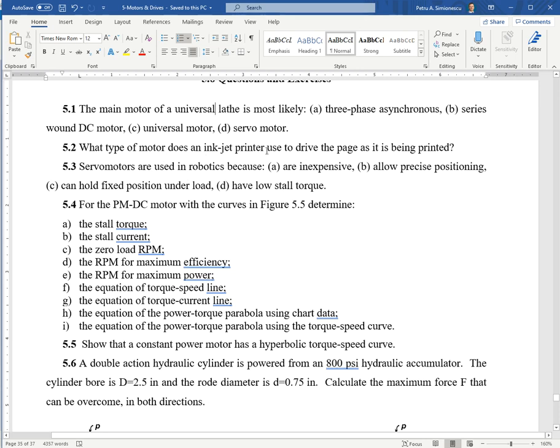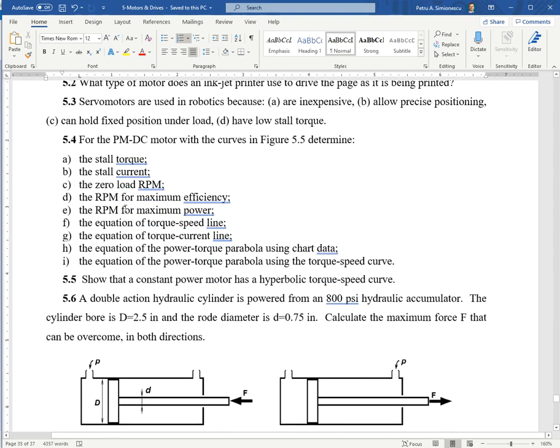What motor does an inkjet printer use to drive the pages being printed? Definitely stepper motors. Servo motors are used in robotics because, although expensive, they have precise position, can hold a fixed position under load, and have high stall torque.